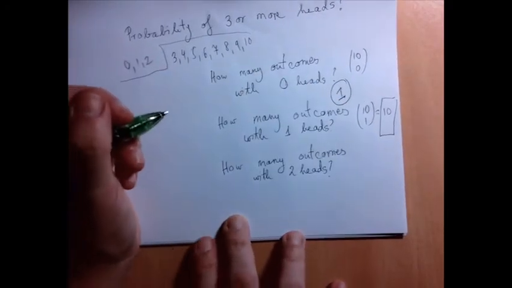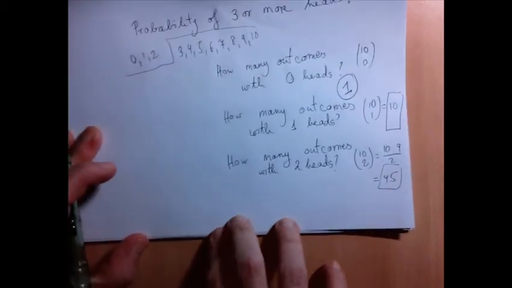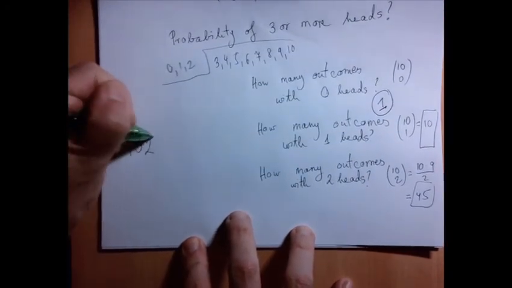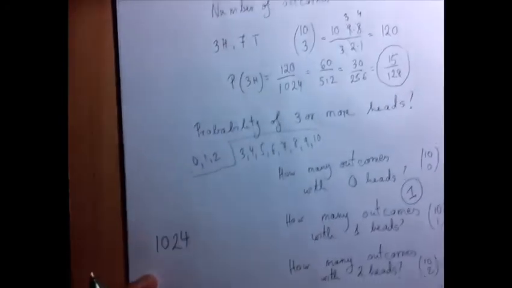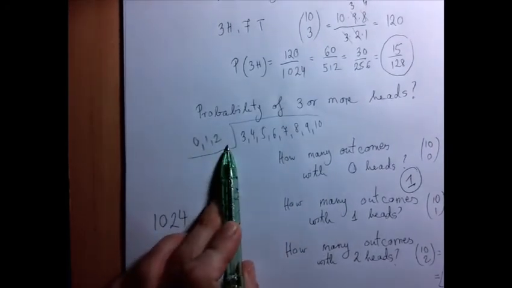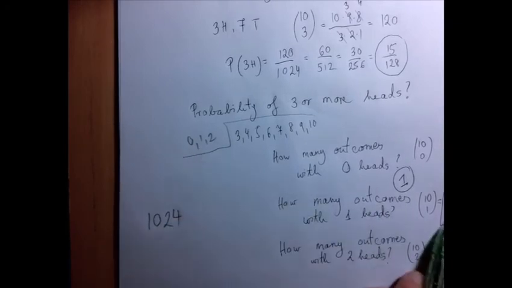That would be 10 choose 2, which is 10 times 9 divided by 2, and that's 45. So we have 1,024 possible cases, right? And we're interested in everything except for 0, 1, and 2. So with 0 heads, there is just 1. With 1 head, it's 10. With 2 heads, it's 45. So if we add this up, hopefully correctly, we get 56.